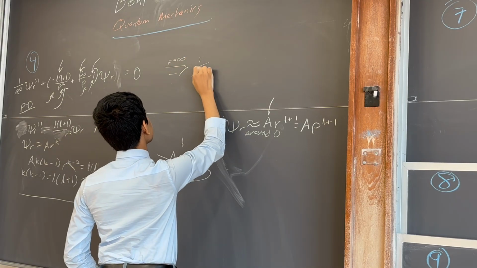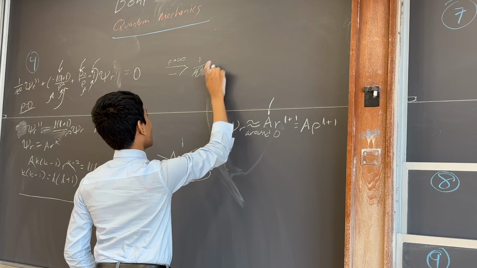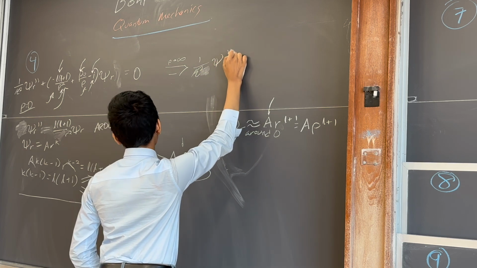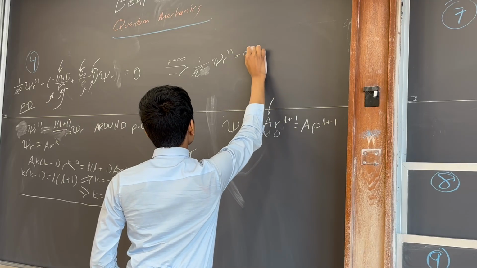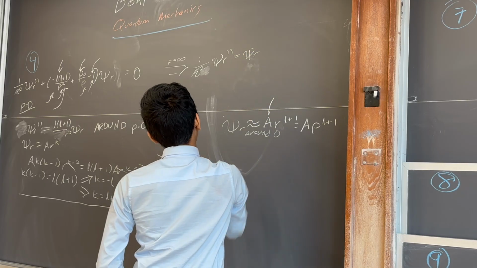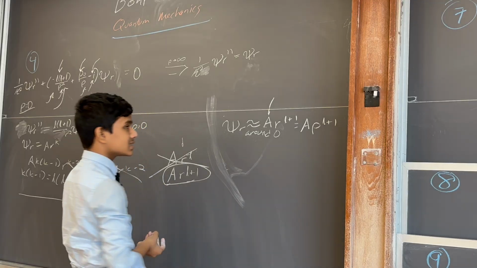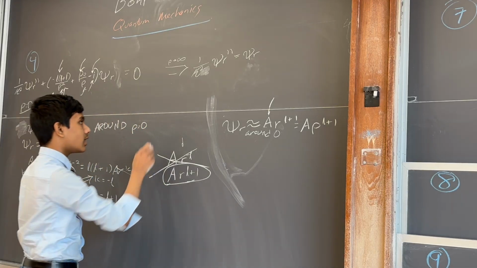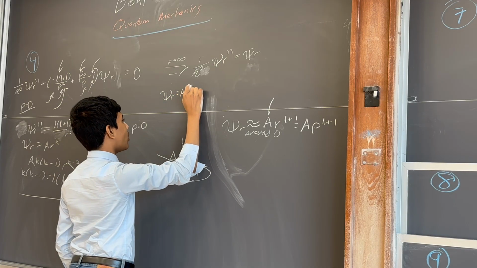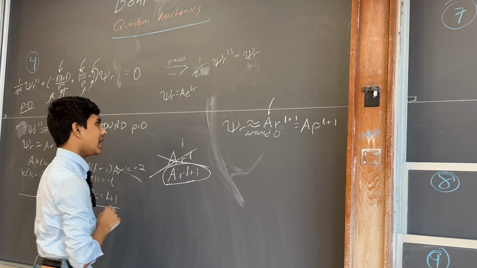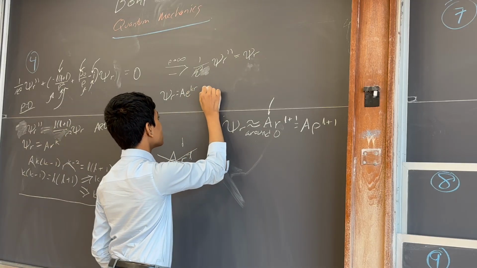Well, we get that around infinity, 1 over kappa squared psi r double prime is equal to psi r. What does that imply? It just gives us the standard ansatz psi r is equal to A e to the kr. And now, what happens when we plug that in?